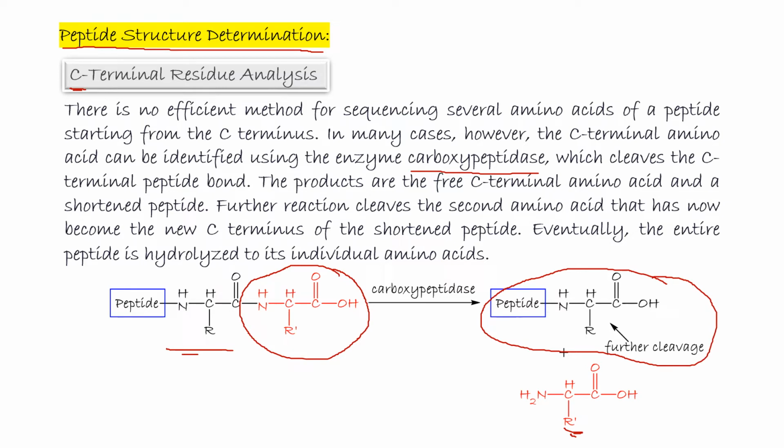Again, the carboxypeptidase will react on this terminal, and then we will see this coming out next in the chromatography, etc. So the products are the free C-terminal amino acid and the shortened peptide. Further reaction cleaves the second amino acid that has now become the new C-terminus of the shortened peptide. Eventually, the entire peptide is hydrolyzed to its individual amino acids.